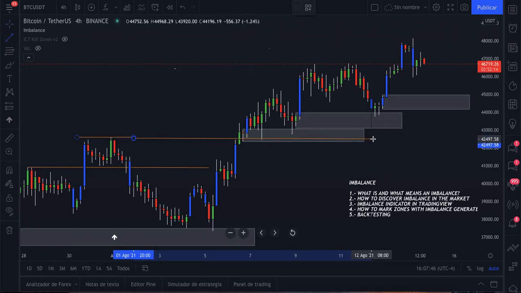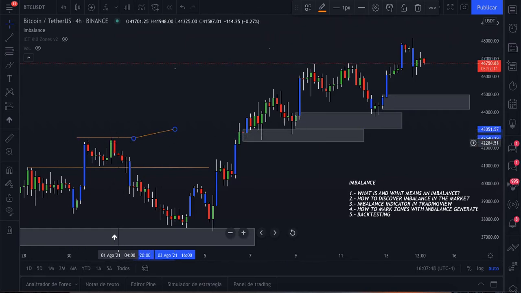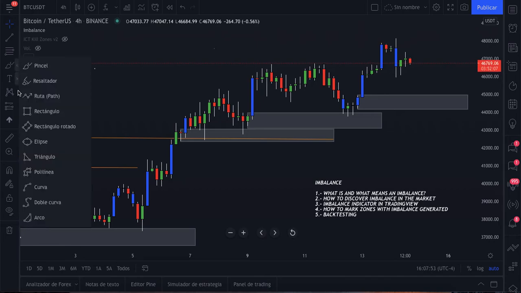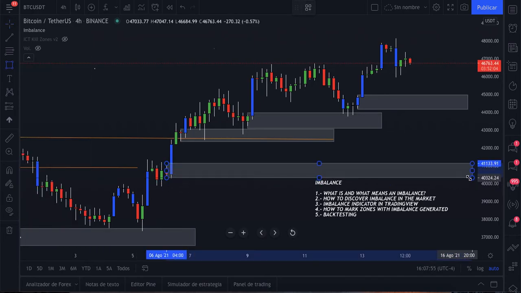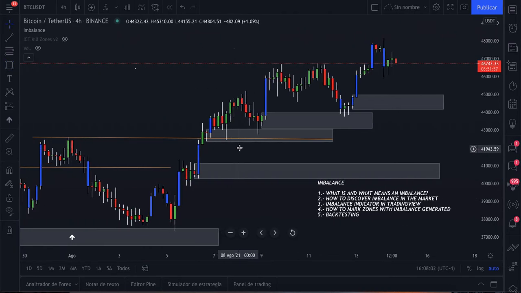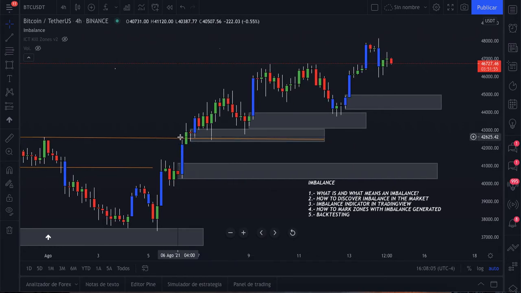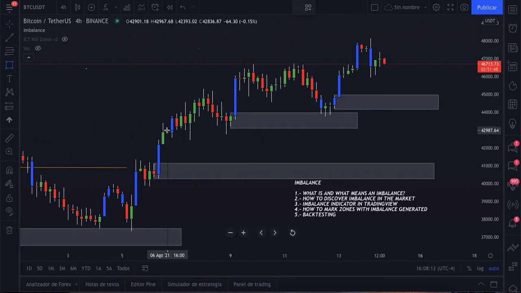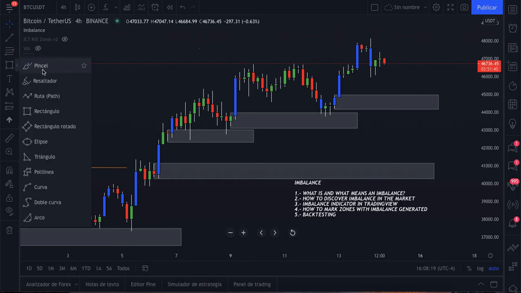Then let's see which zone was responsible to break this level. I would say this one, right? Price is still very outside the zone, but it's a really interesting zone. The price was really efficient. Let's erase this. So what I don't like, for example, here you have an imbalance, yes, of course, but price didn't create an explosion in this zone.